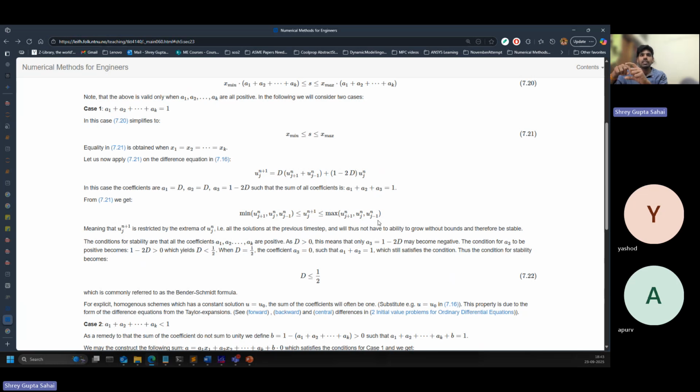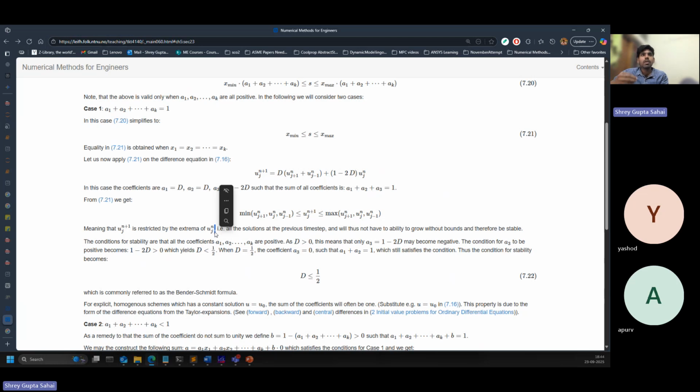Essentially it can oscillate in that range. That is definitely something that can happen. But suppose this range also continues to converge, so we are sure that stability is going to come. Meaning u_j^(n+1) is restricted by the extremes of u_j^n. Suppose you have some initial velocity at n equals 0.